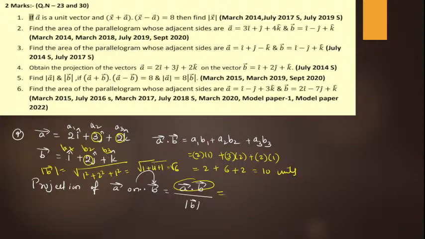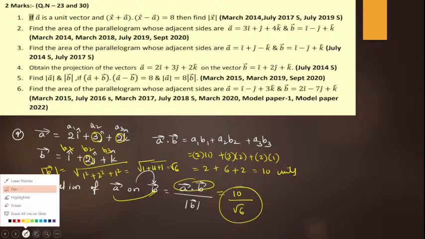So you will get the projection of A on B as A dot B, which we already got, 10 units, divided by the magnitude of B, square root of 6. So this will be the projection of A on B vector. Simply you can do it like this, maintain some proper steps here. I have done it randomly here.